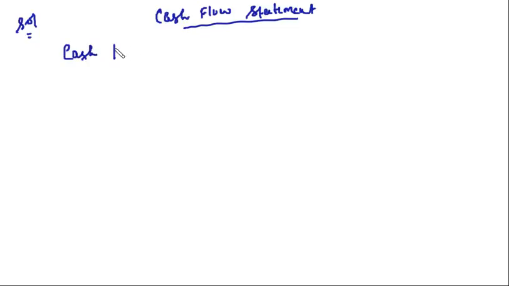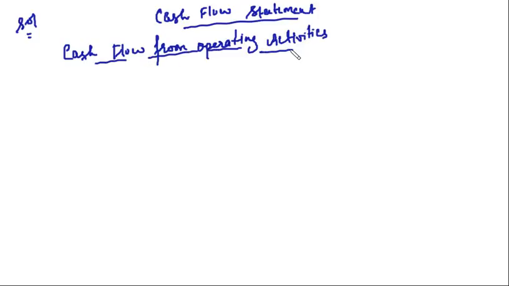In the cash flow statement, here you will write cash flow from operating activities. The first step is we have surplus.